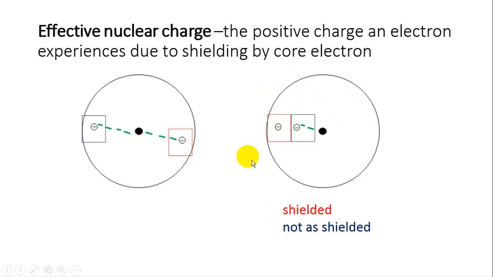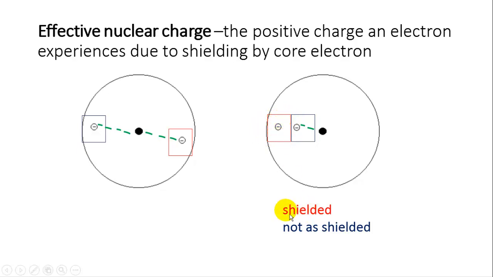In this case, the electrons are traveling across their orbitals, and you see the electron in the red is on the outside, and the electron in the blue is more attracted towards the protons housed in the nucleus. So this electron that's in the blue, we say, is shielding that red electron, or that electron in the red square, from the full effect of the protons in the nucleus.